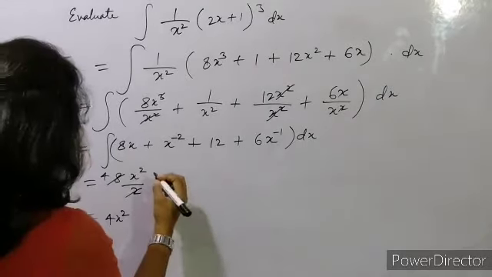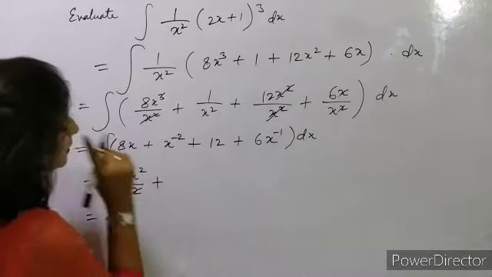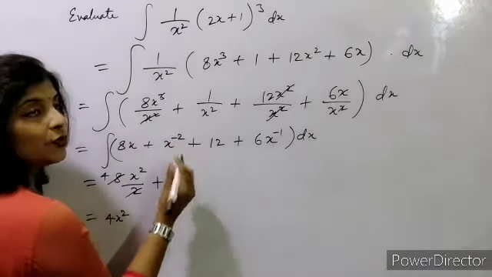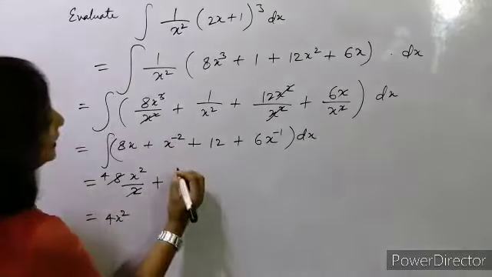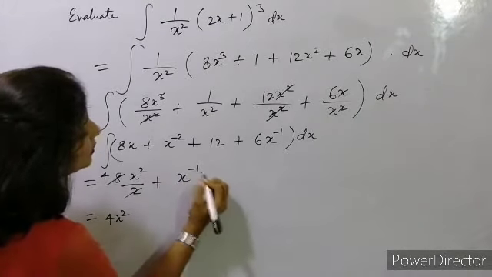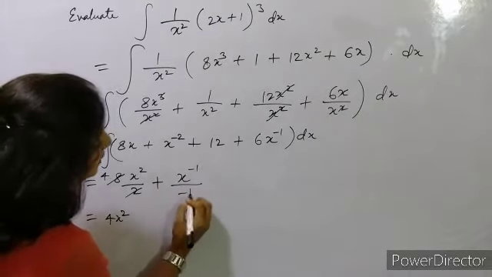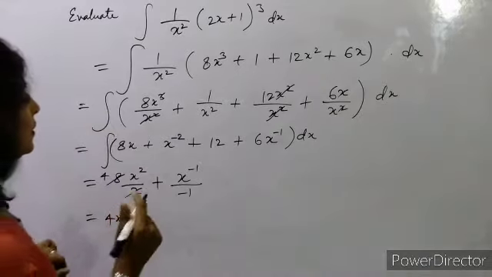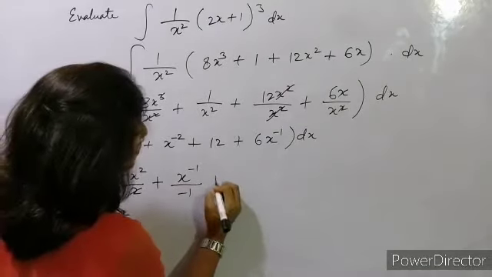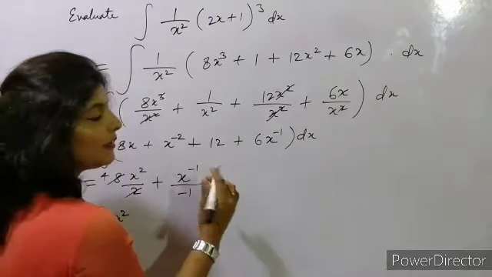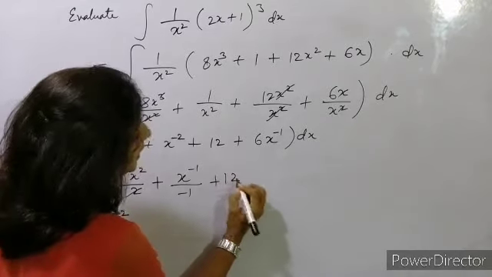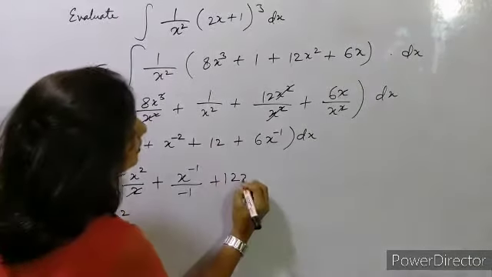Now plus, x का पावर माइनस 2 है, तो x का पावर प्लस 1 ऐड करेंगे, it will be x का पावर माइनस 1 and divided by minus 1. Okay, now plus 12 को when we integrate, it will be x का पावर क्या है, 0 है, x का पावर 1 हो जाएगा.